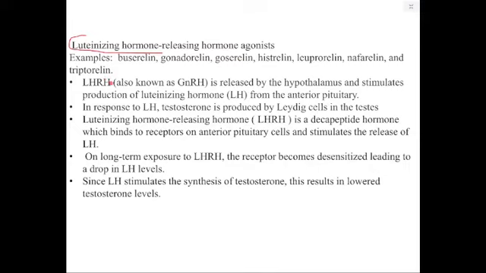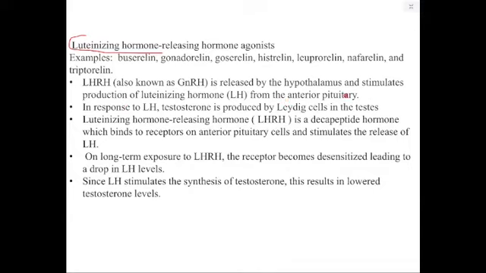Because remember, you have a luteinizing hormone releasing hormone which is produced in the brain. It comes, I think, into the hypothalamus, if I'm not wrong, and then triggers again now the release of the luteinizing hormone. So we are therefore saying the luteinizing hormone releasing hormone, also known as gonadotrophin releasing hormone, is released by the hypothalamus and stimulates production of luteinizing hormone from the anterior pituitary. So remember that arrangement. You have the hypothalamus.